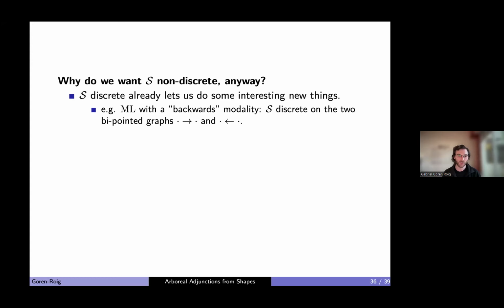So for instance, we could do modal logic with a backwards modality. In this case, our category of shapes would be discrete on these two bipointed graphs, where the only difference is which one is the source and which one is the target. And this would give backwards and forwards traversal modalities to express properties of graphs.